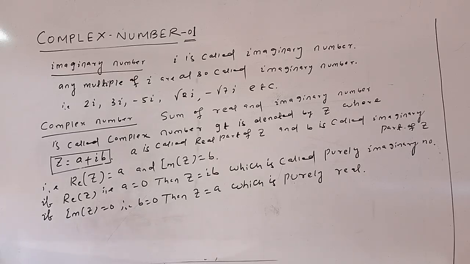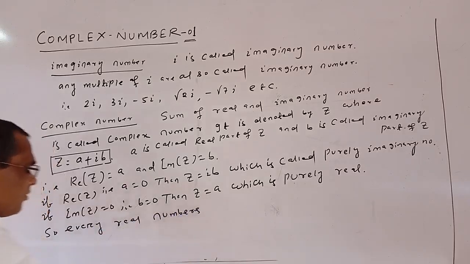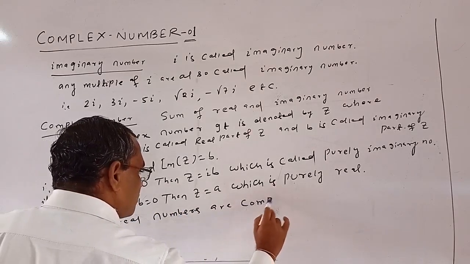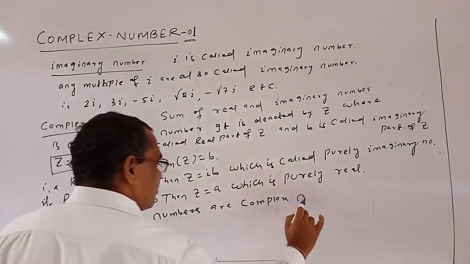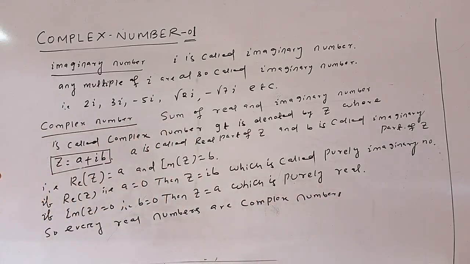Every imaginary number is also a complex number, but every complex number is not a real number. Every real number is a complex number, but the converse is not true.